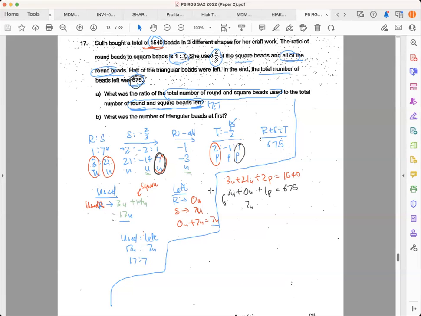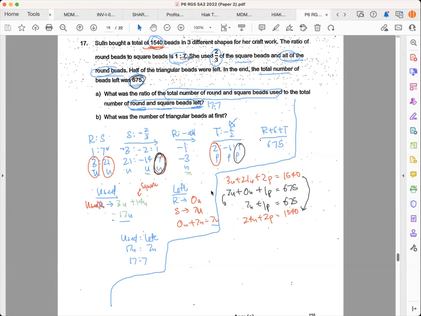The 7 units plus 1 part is equal to 675. And this one will become 21 plus 3 is 24 units, 2 parts, and 1540.